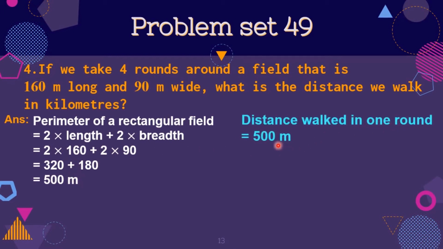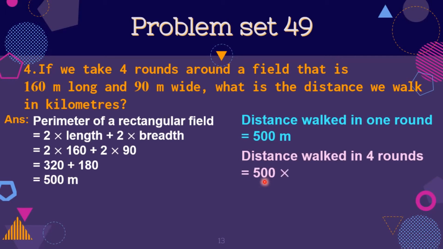Now to find out the distance walked in 4 rounds, let us multiply this distance walked in one round by 4. Hence, we get the distance walked in 4 rounds is equal to 500 into 4, which is equal to 2000 meters.